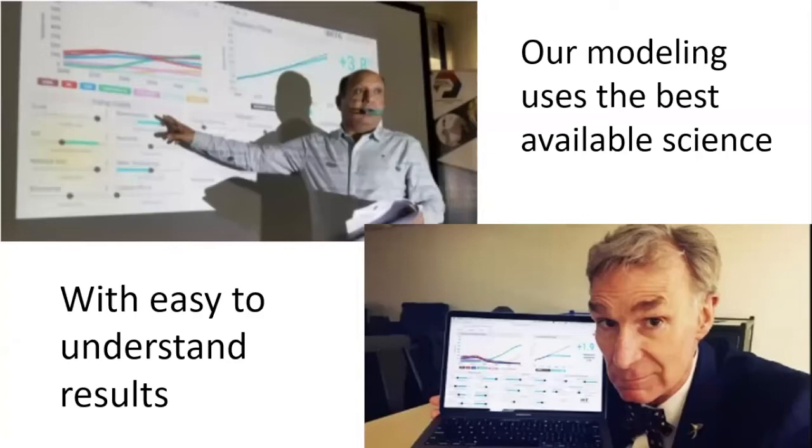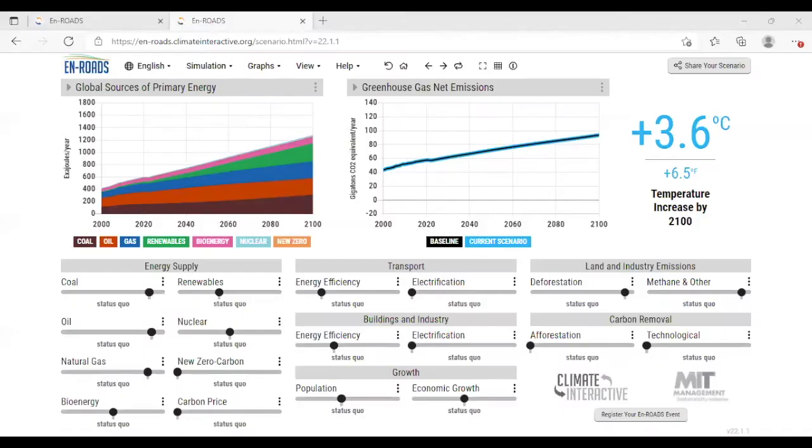I'll just pull up the climate simulator so you can get a better idea of what I'm talking about here. So in the upper left-hand graph of this climate simulator, the simulator starts out by projecting from now through the end of the century what the energy usage projections are based on current trends.